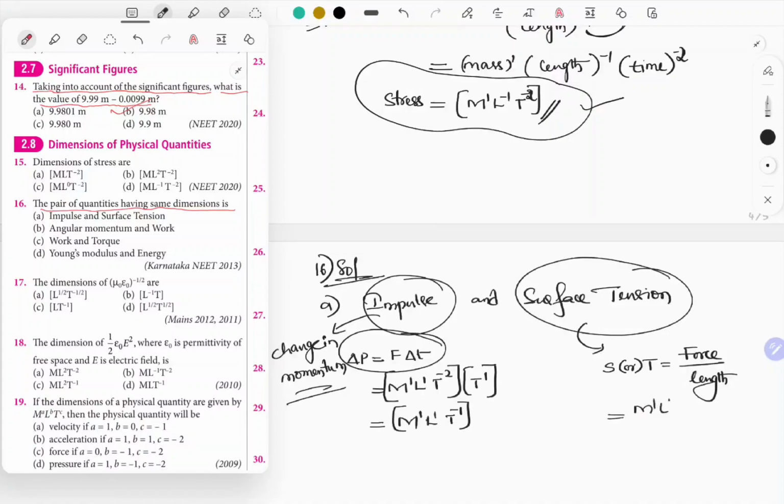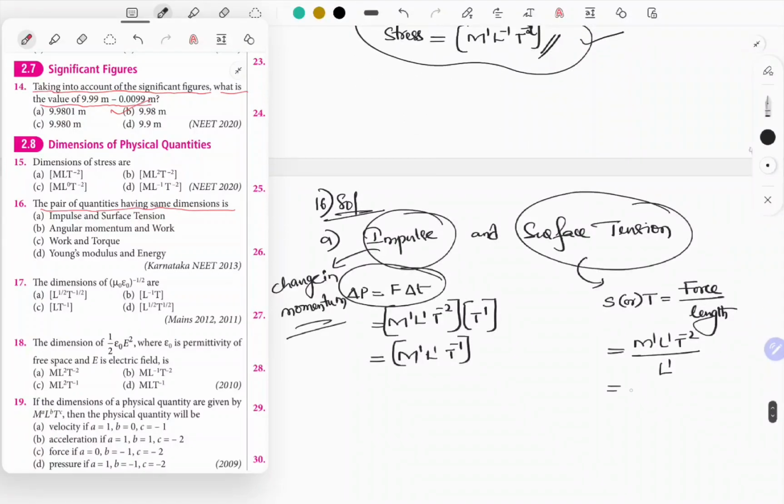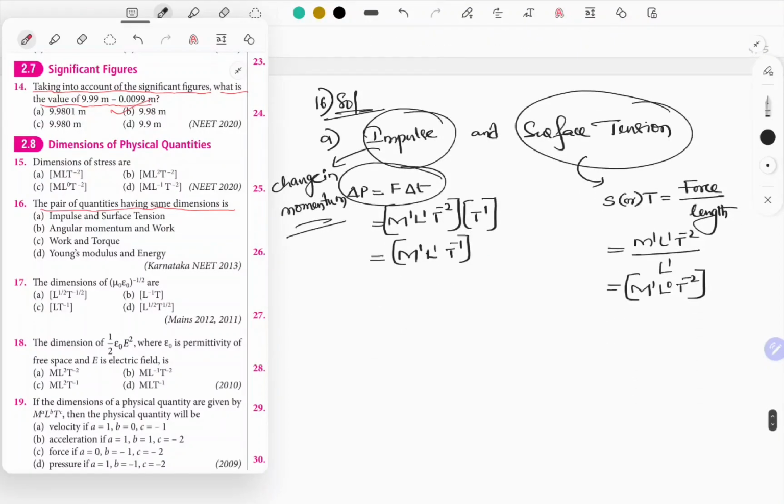So it is going to be M power 1, L power 1, T power minus 2 divided by L power 1. So the final dimensional formula you are going to get for surface tension is M power 1, L power 0, T power minus 2. Force per length is surface tension. Are these two dimensional formulas the same? No, they are not. So the first option is wrong.